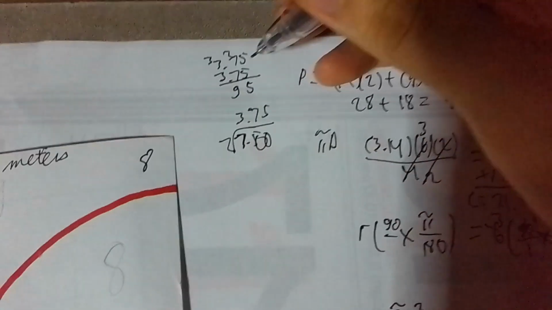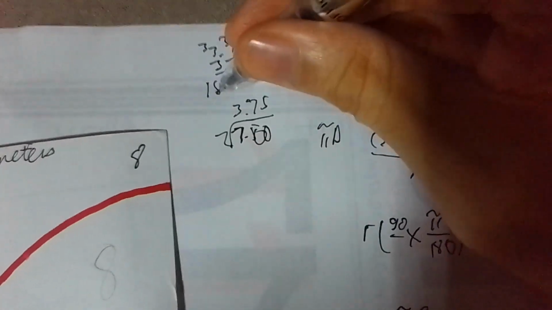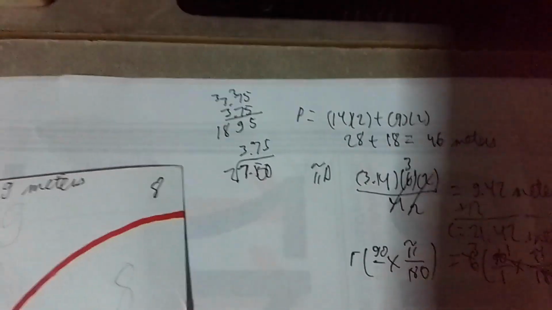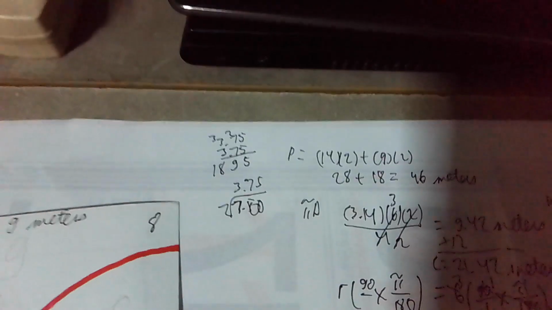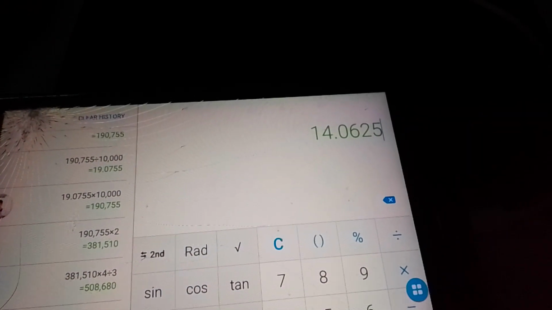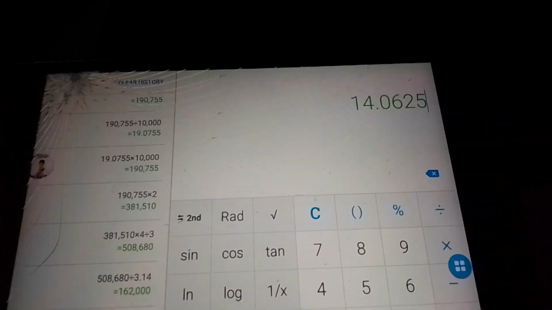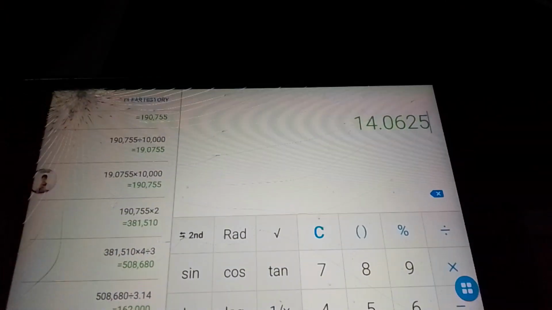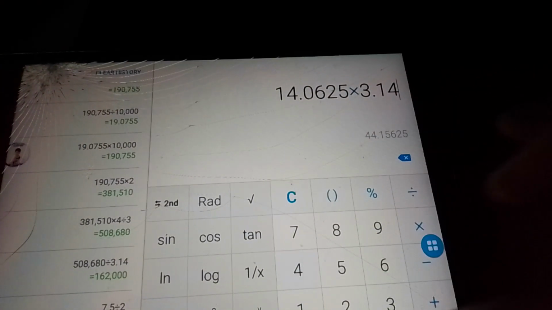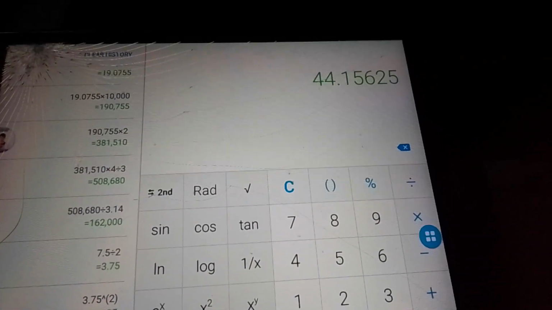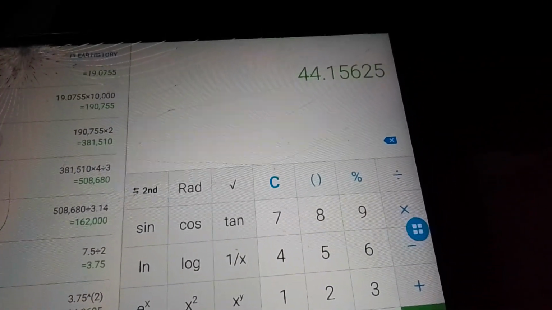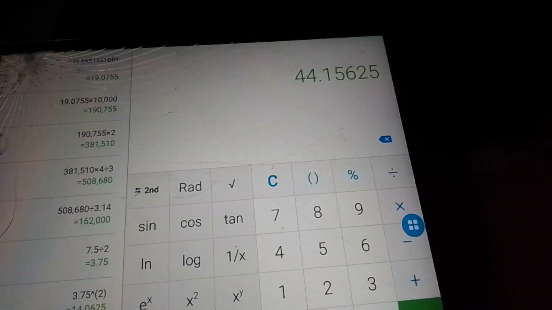And then 5 times 3 is 15, 18. I think this might take a long time, so I may need to use a calculator for help. So our radius squared is 14.0625. That's the radius squared. Now, we multiply that by pi. We should get 44.15625 square centimeters. Okay? So, that is for the half circle.